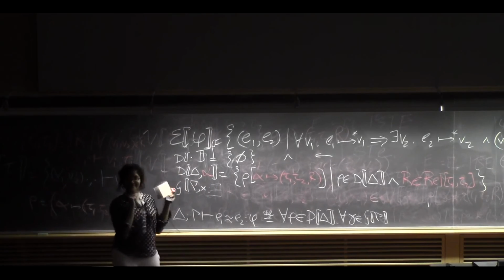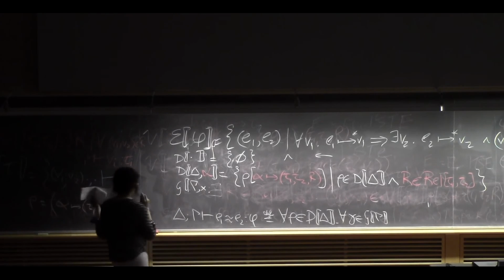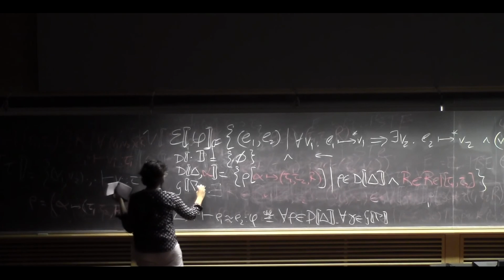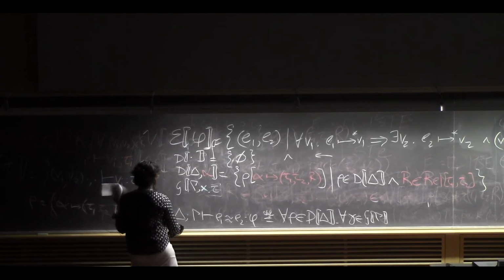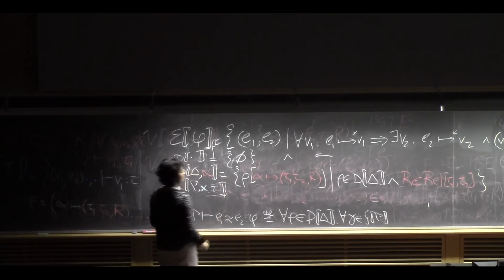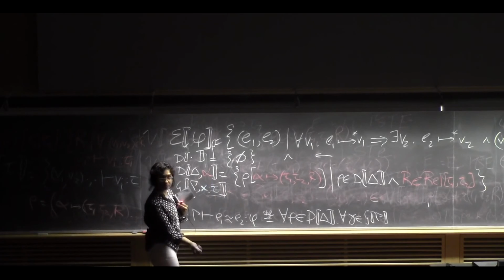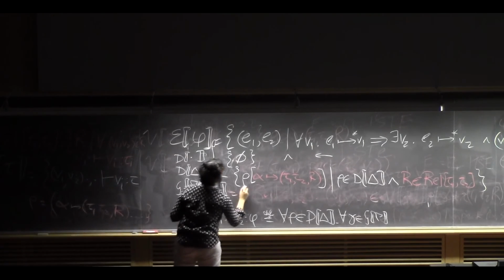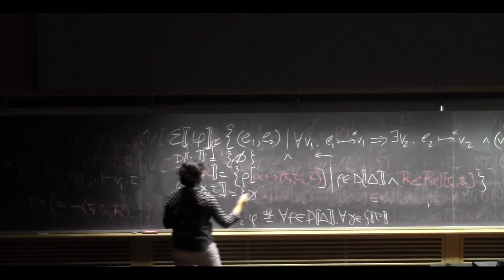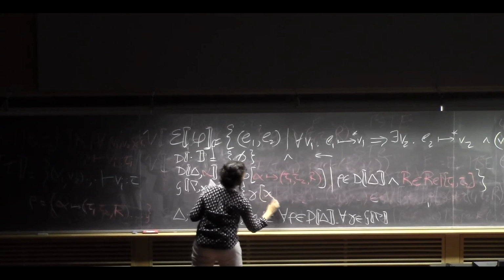What's gamma? Red variables and blue variables. So gamma of empty is the empty substitution, just like yesterday.